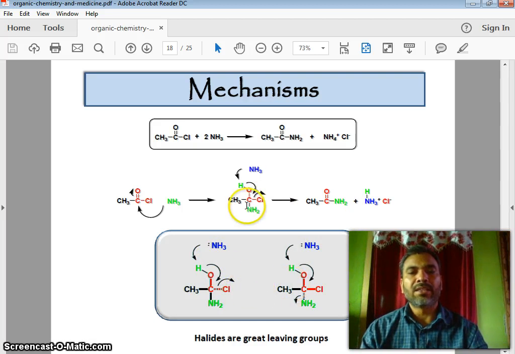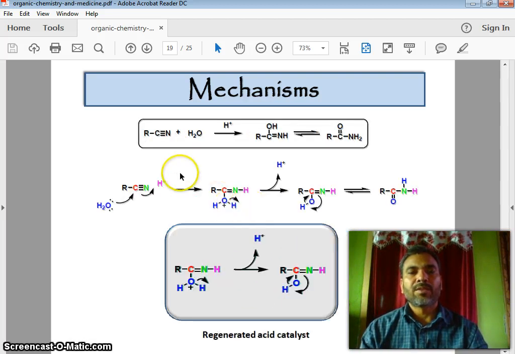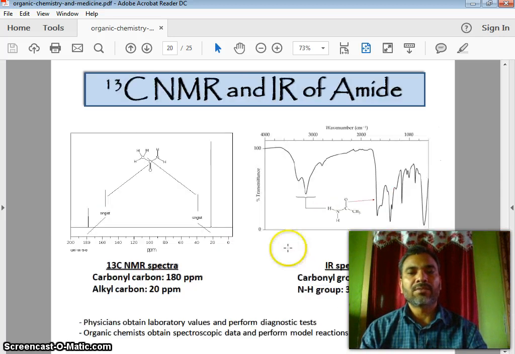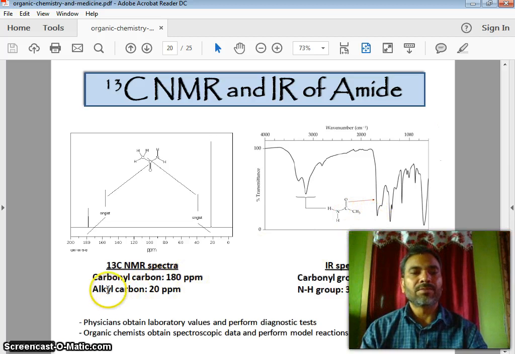Halides are great leaving groups. So look at here how it is forming, and then again the mechanism. Water is approaching this carbon and forming this, regenerating the acid catalyst. So these are the carbon 13 NMR and IR of amide. See, this is the amide NH, and this is a CO, I think.